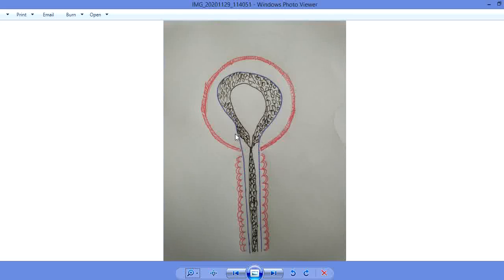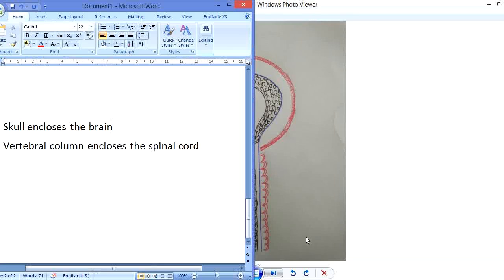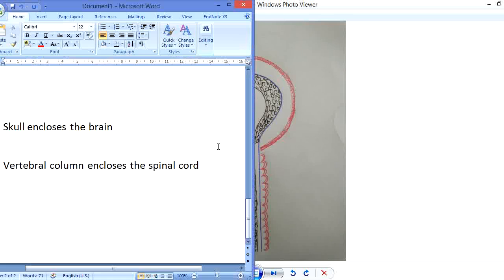Above this part is the brain stem and the brain, and below it is the spinal cord. The hole in the skull is called foramen magnum. Foramen magnum is the hole from which the spinal cord arises from the brain.